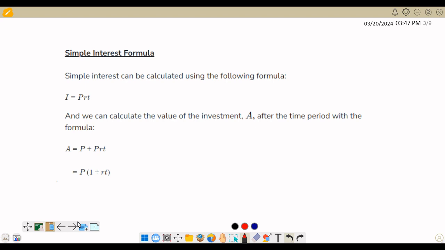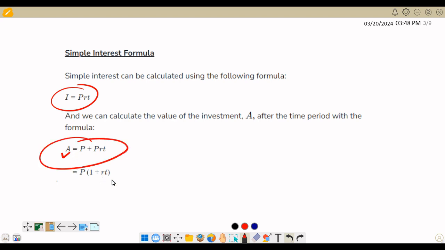The simple interest formula is pretty easy. I equals P times R times T. And we can calculate the investment amount at the end of the period, which is called A, equals P plus PRT, the interest.